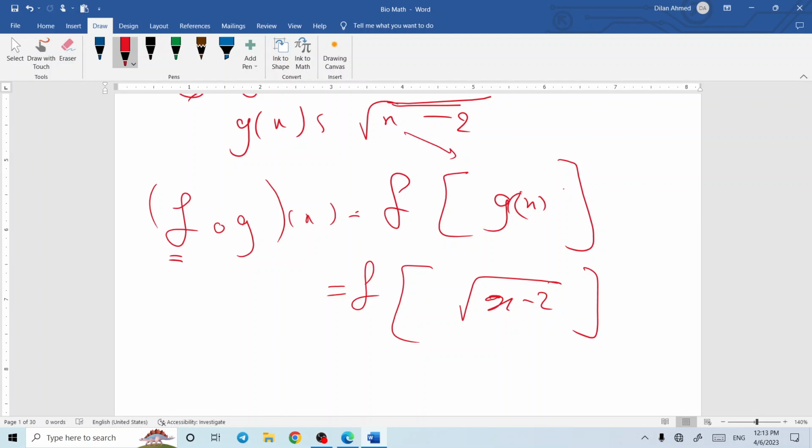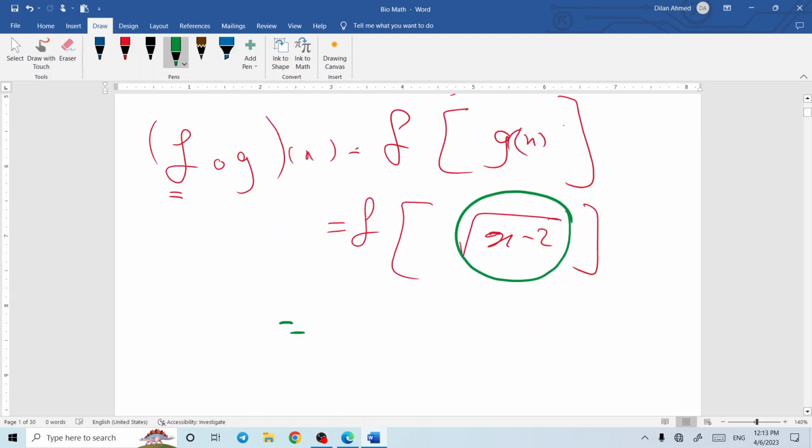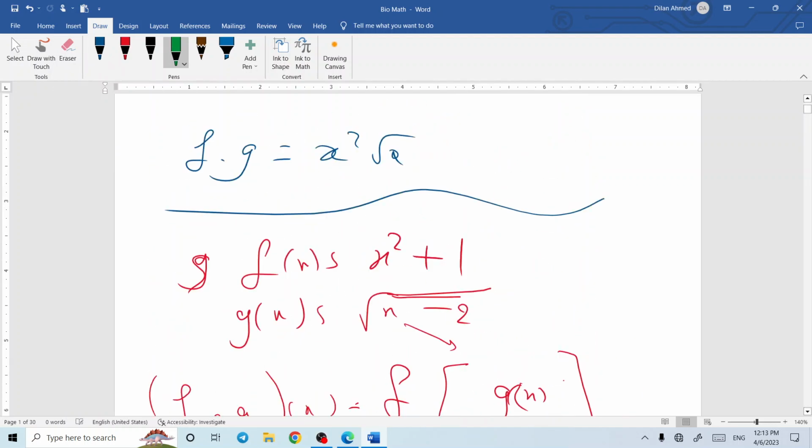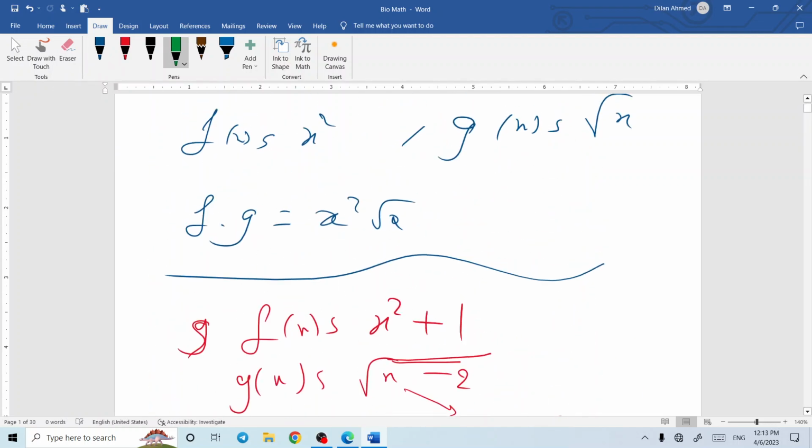Then I'm going to put this in the function of f. How? What does f say? f says if I have something, anything, I will make this thing, this package, squared plus 1. Am I right? For example, if you have a 7, I will make it 50 for you.